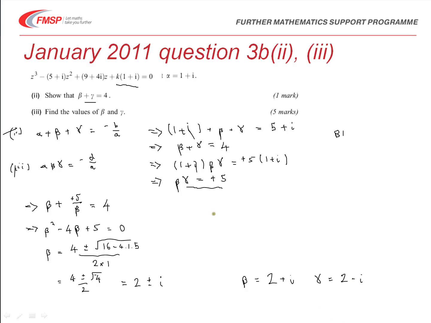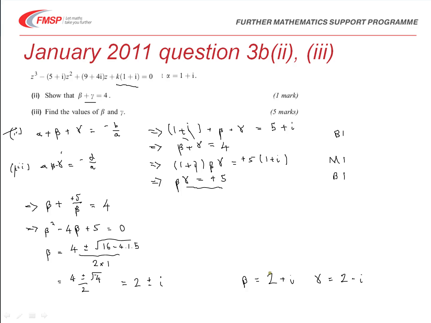Okay, so marks for that part. Well, there's 5 marks. So for obtaining or using an appropriate method to get the beta plus gamma as being 5, well, it's 1 mark for the method here by using the alpha beta gamma, and then 1 mark for the correct statement.